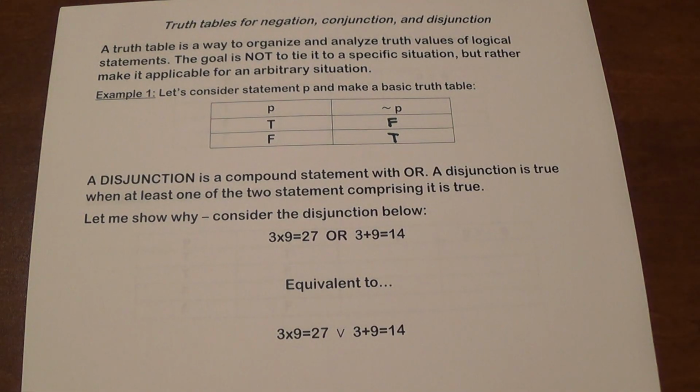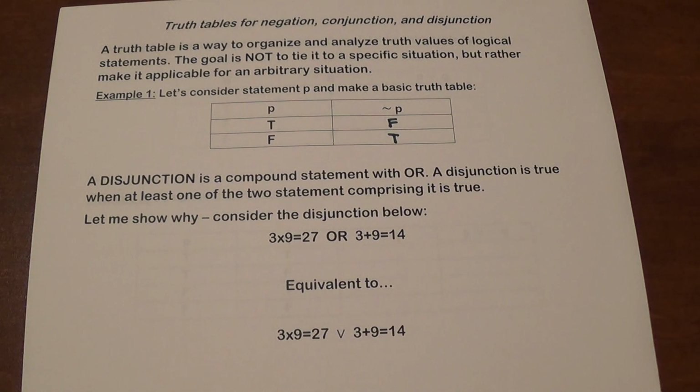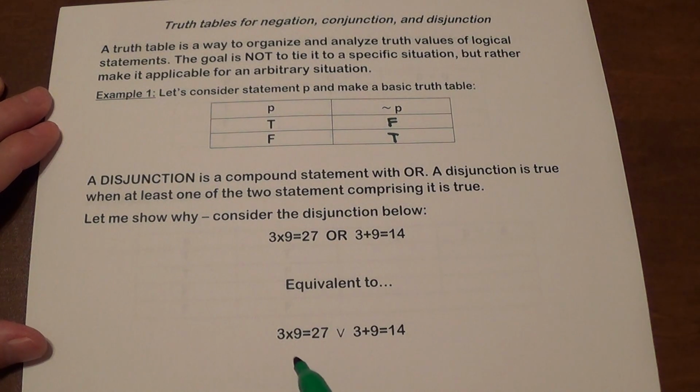Okay. So let's talk about a disjunction. Disjunction is a compound statement with or. So that one's going to be true when at least one of those two statements is true. I'm going to show you a real life example. 3 times 9 equals 27, or 3 plus 9 equals 14. You can also write that with this symbol.